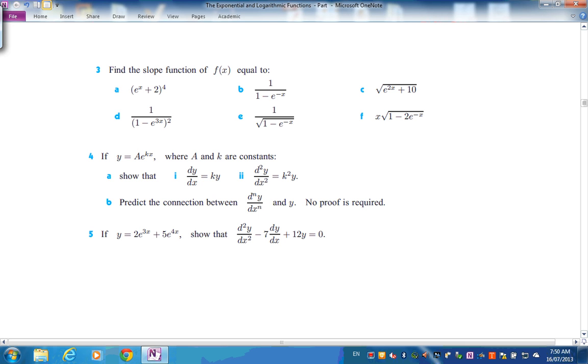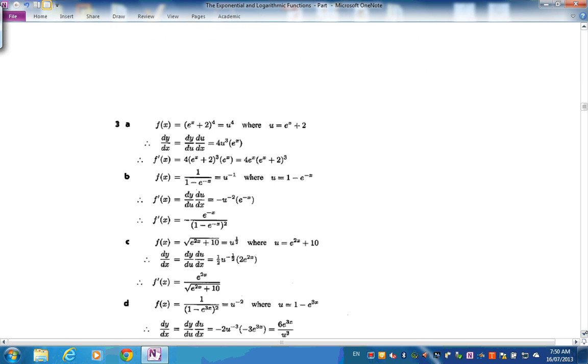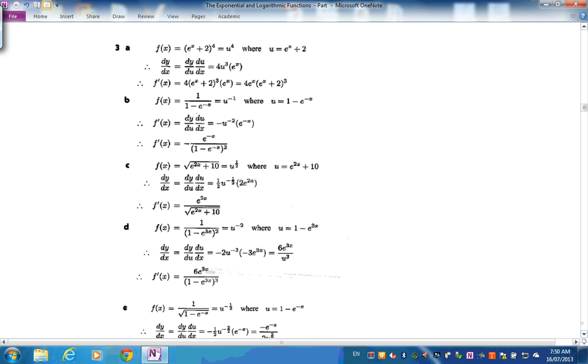So here's questions 3, 4 and 5. So have a look at those. Okay, and I'm going to just go down below there and show you the answers, and you can toggle forward and back, marking your work. So let's look at the answers now. There's question 3, or part of them.